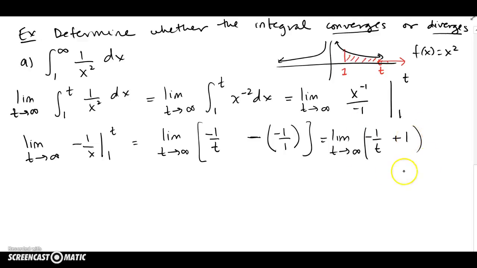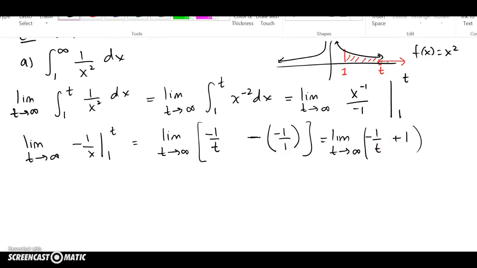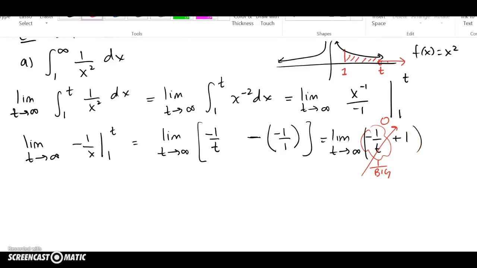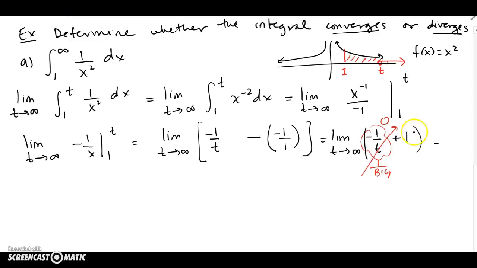And again, this is simply a limit problem, like you would analyze limits in 261. Now, t goes to infinity, which means I end up with 1 over big, and that portion goes off to 0, so I end up with just the limit equaling this constant that was left, 1.